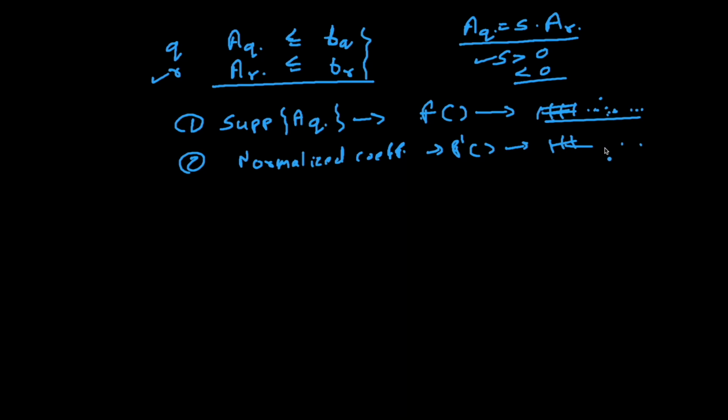Now, if two rows are parallel, they should belong to the same bin. All we need to do is look at the bins of different hashes. So this is some hash, this is some other hash, and if there are two constraints in the same bin, then they are not necessarily parallel, but we can compare them.